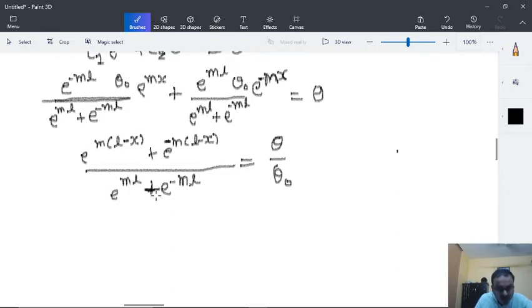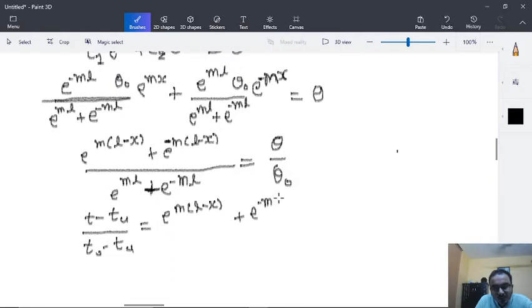Now this can also be written as (t minus ta) divided by (t0 minus ta) is equal to e raised to m(L minus x) plus e raised to minus m(L minus x) divided by e raised to mL plus e raised to minus mL.